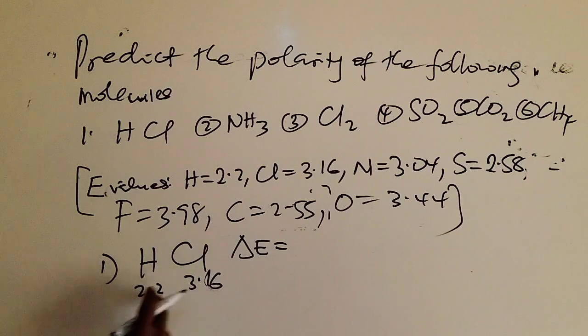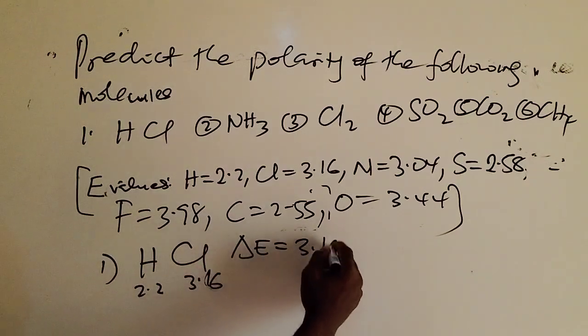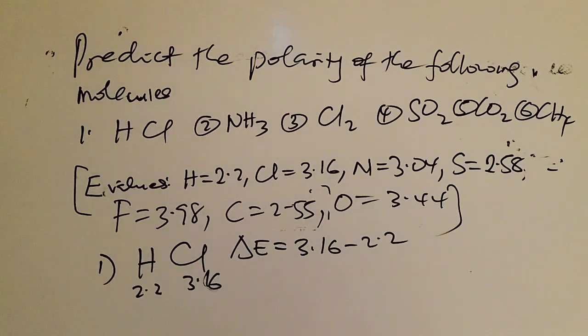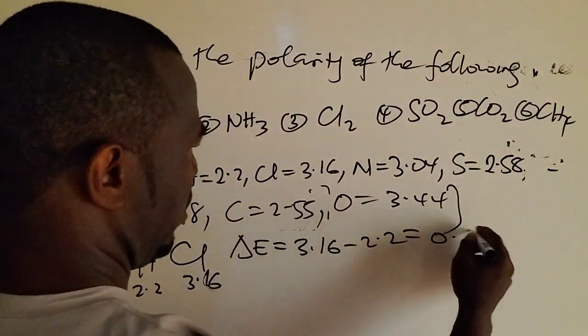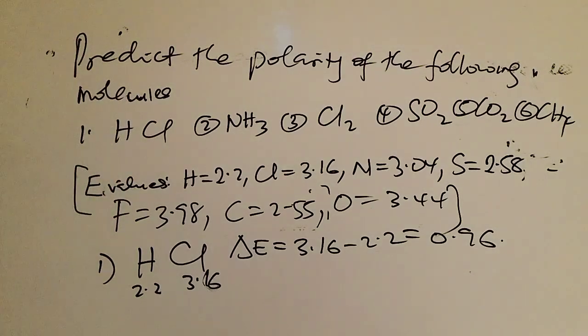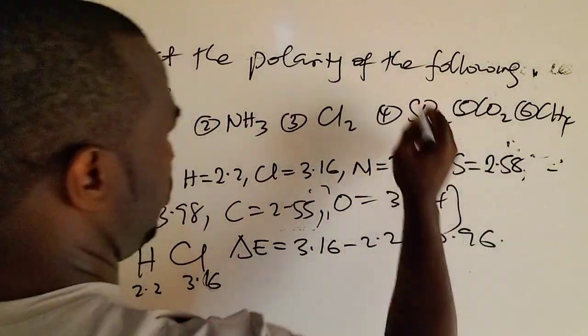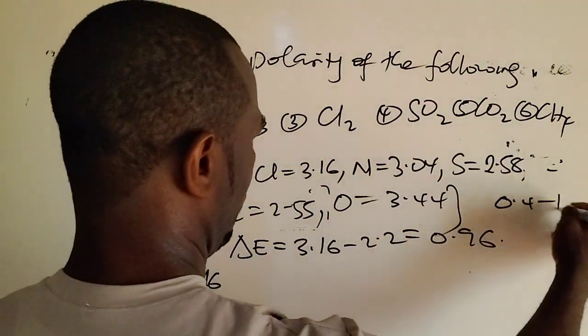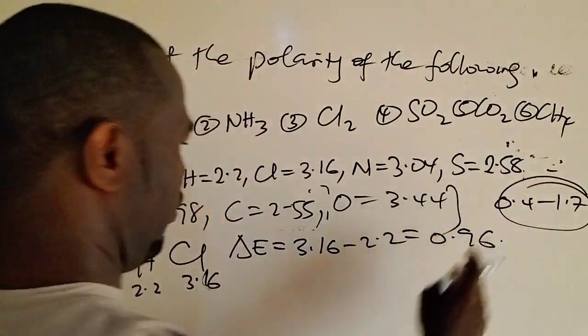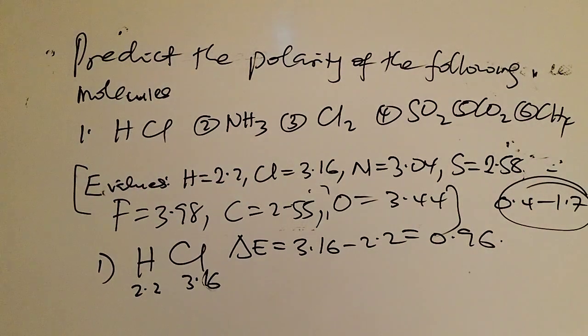We look for the difference in electronegativity: the bigger value minus the smaller one. 3.16 minus 2.2, and when we do that, we obtain 0.96. This value is large because for a bond to be polar, the range is from 0.4 to 1.7. So this is more than 0.4 and it's expected to be polar. But before we consider it polar, let's look at the geometry.